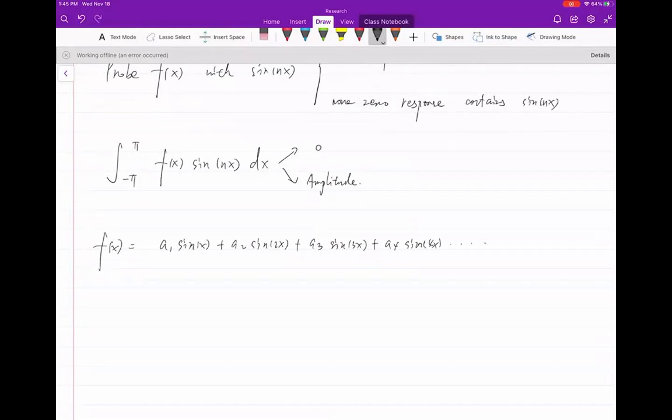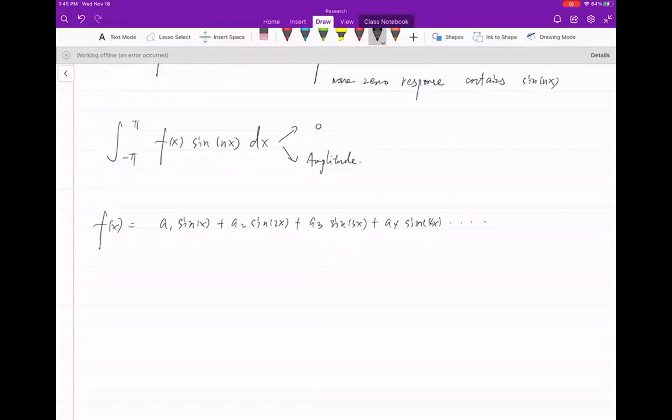You wrote the original thing into a linear combination of all the possible sine curves you have with different frequencies. That's what you did.